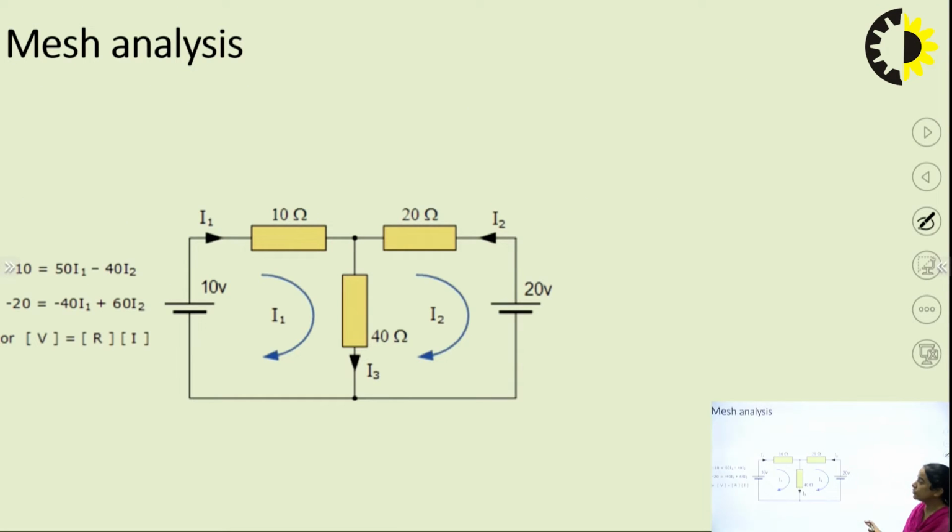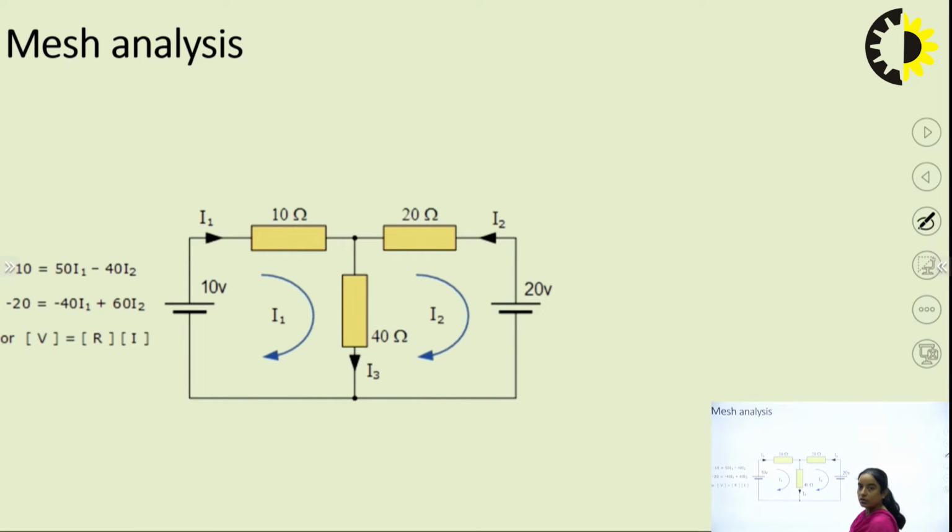See, the same question is there, the same network that we considered earlier is again considered here. In the earlier approach, we had taken current I1 through this network element, current I2 through this network element, and then I1 plus I2 through this R3.